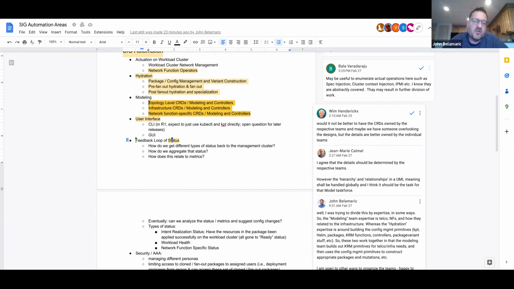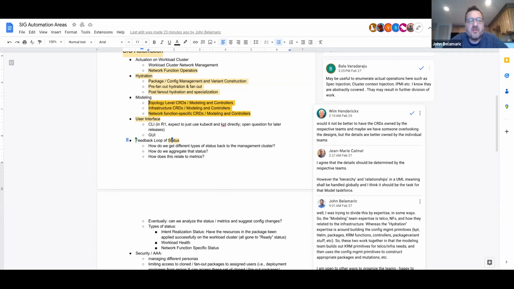Authentication is handled by Kubernetes at this point, but there's quite a bit of subtlety in making those things work. I also added, since I originally created the document, the user interface, which I had left out because of my own biases, but it's super important for a lot of people, and it's super important to make it usable.